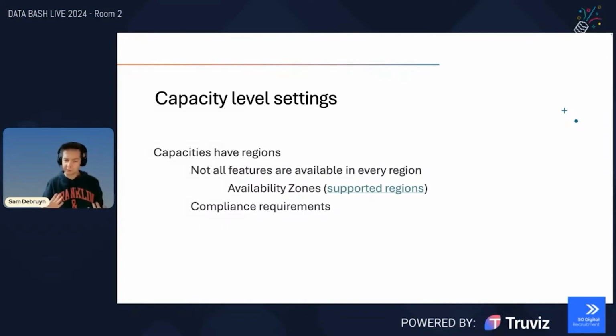For example, where I live, West Europe, the availability zones are not available yet for Fabric, and the closest one I should go to is in Ireland, North Europe. So it also influences certain SLAs. It's also going to determine where you store your data. If you have a workspace in Fabric with a warehouse, and the warehouse is connected to a capacity in West Europe, then your data will be stored in West Europe. So the capacity determines where your data is going to be stored for that workspace.